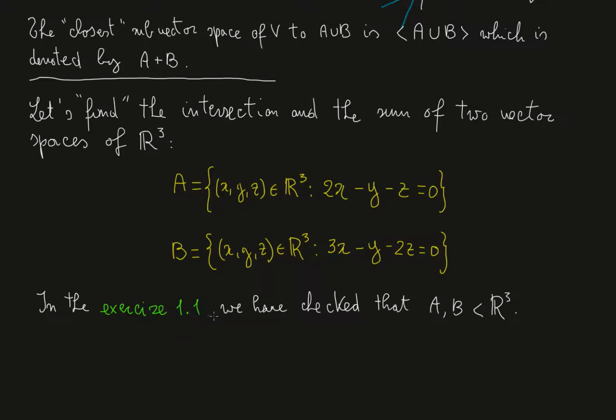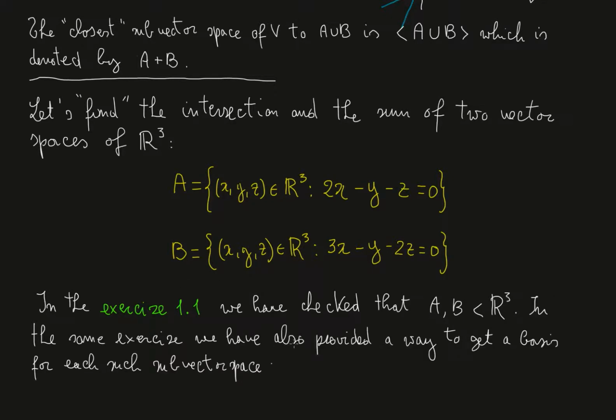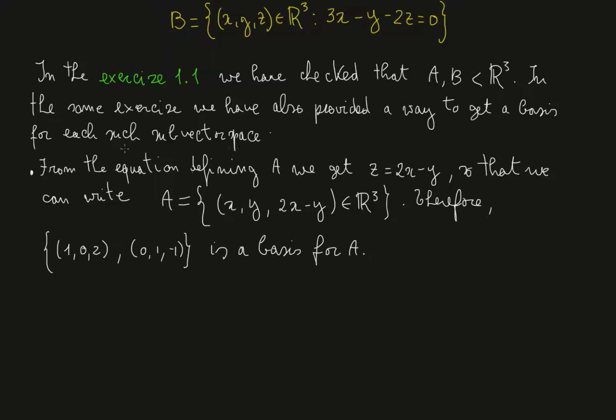Now in exercise 1.1 we have checked that these two sets, A and B, are indeed subvector spaces of R3. In the same exercise, we also provided a way to get a basis for each such subvector space. Let's use the same procedure here.